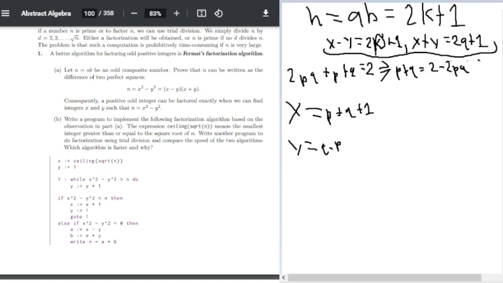Let's double check that this is working correctly. So if we add x minus y, it will give us the right values, yes. And then x plus y will also give us the right values.